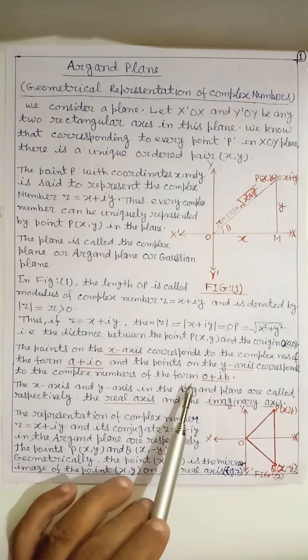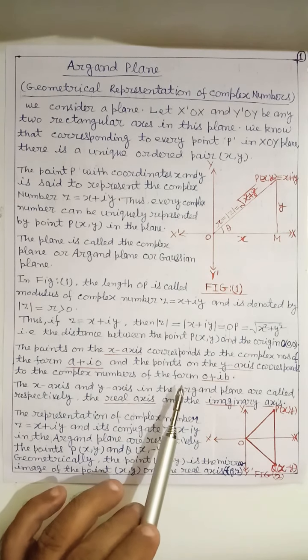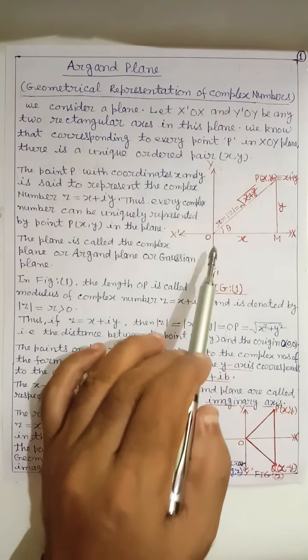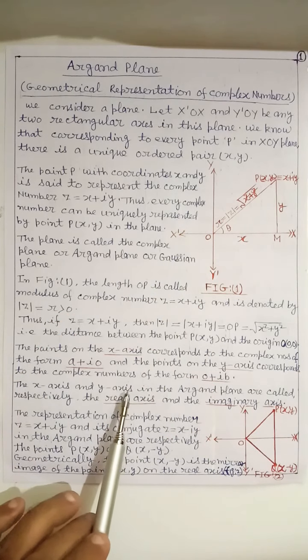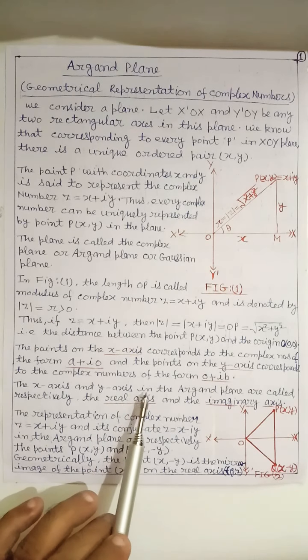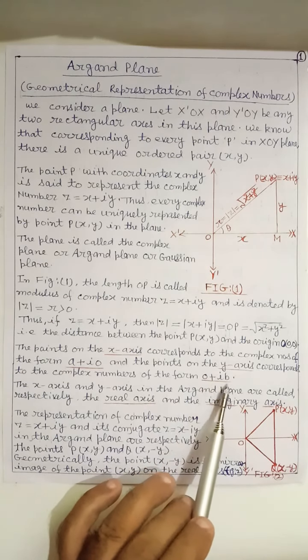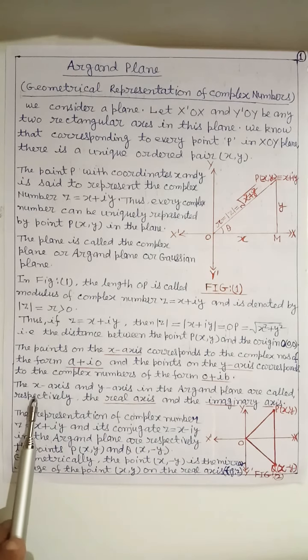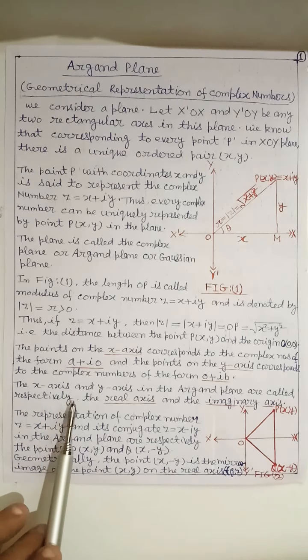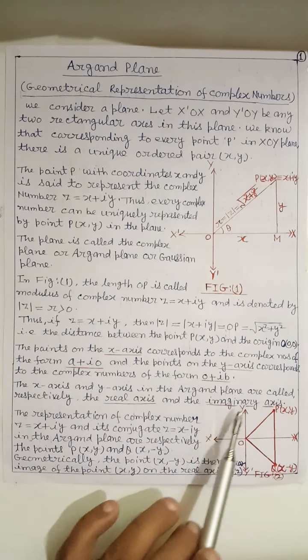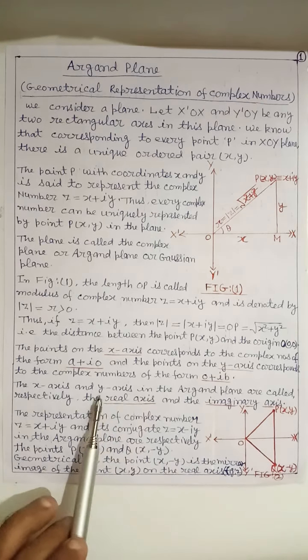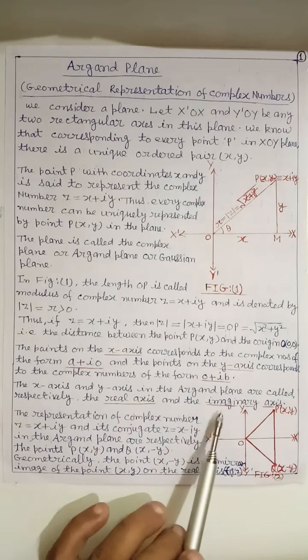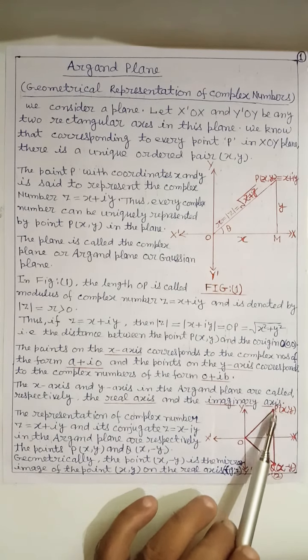Means if the points lie on the y-axis here, the corresponding complex number form is 0 plus ib here. The x-axis in this case is called the real axis and the y-axis is called the imaginary axis.